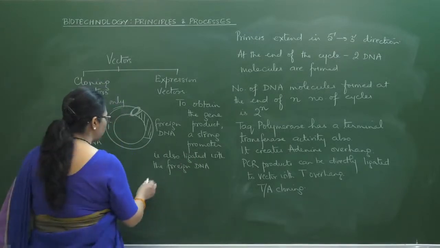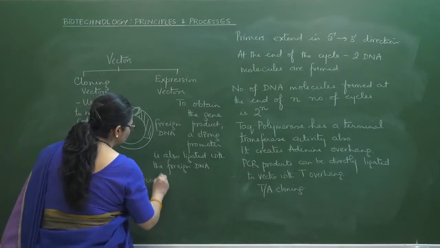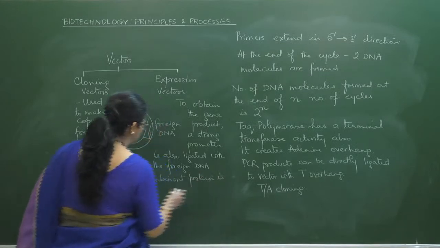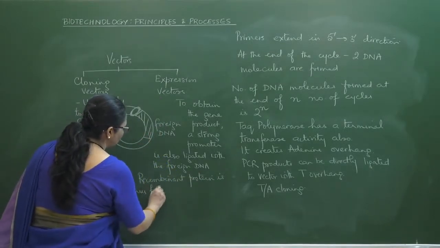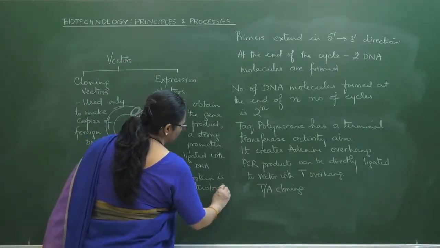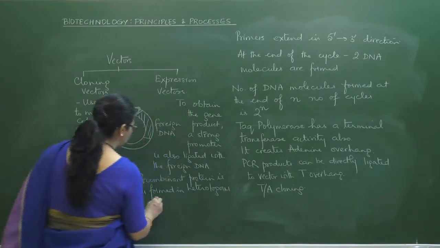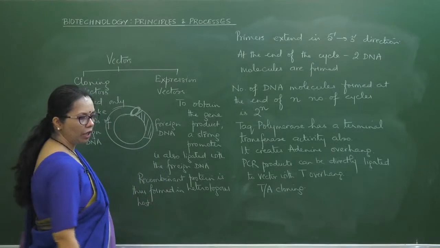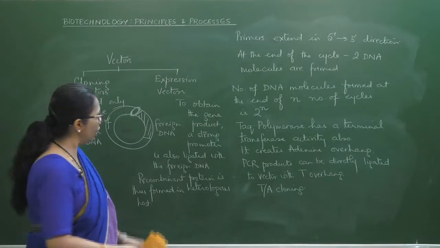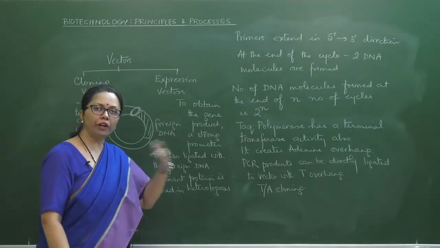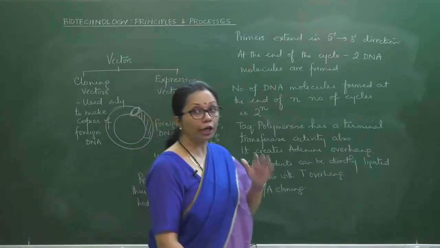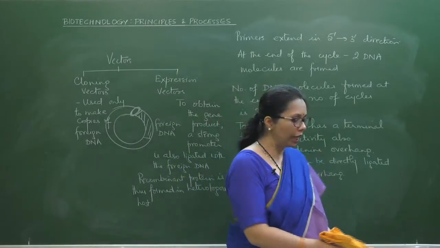So recombinant protein is thus formed in a heterologous host. Recombinant protein, because this is a protein made after making recombinant DNA, and it is being expressed in a different species than the one from where the gene of interest was taken. So that host will be called a heterologous host, right?